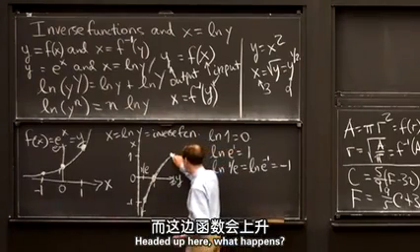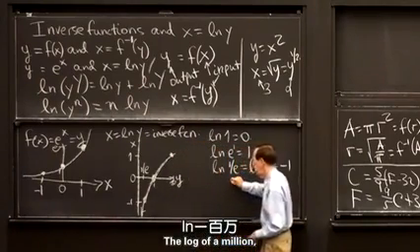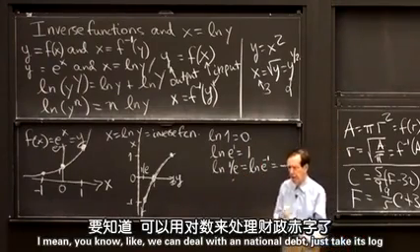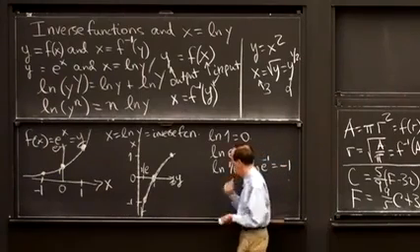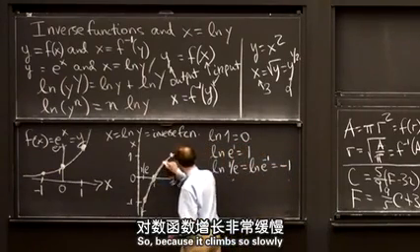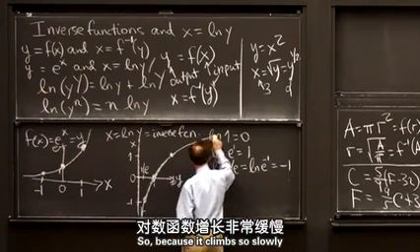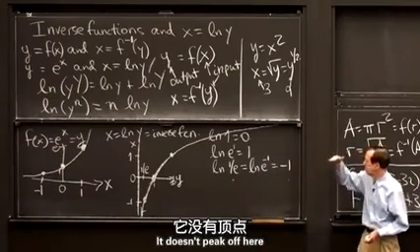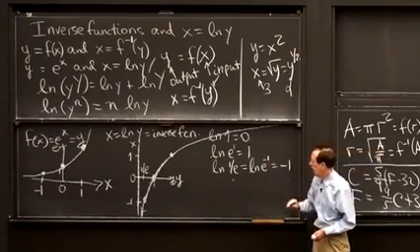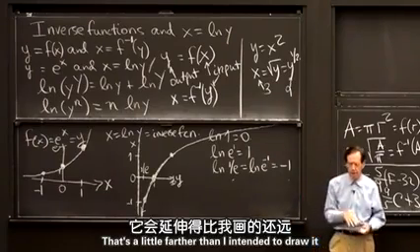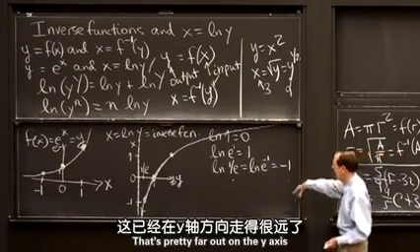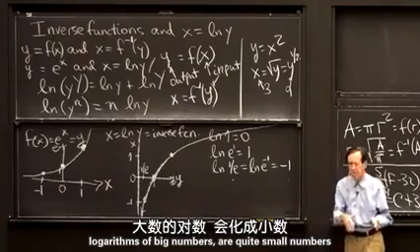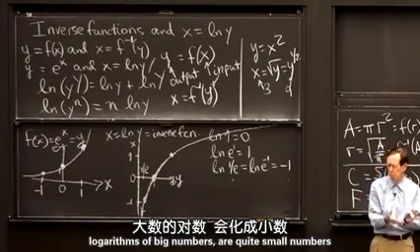Headed up here, what happens? The log of a million, the log of a trillion. I mean, we can deal with the national debt, just take its log. Because it climbs so slowly. Notice it kept climbing. It doesn't peak off here. That's a little farther than I intended to draw it. That's pretty far out on the y-axis, but not very high on the x-axis. Logarithms of big numbers are quite small numbers.